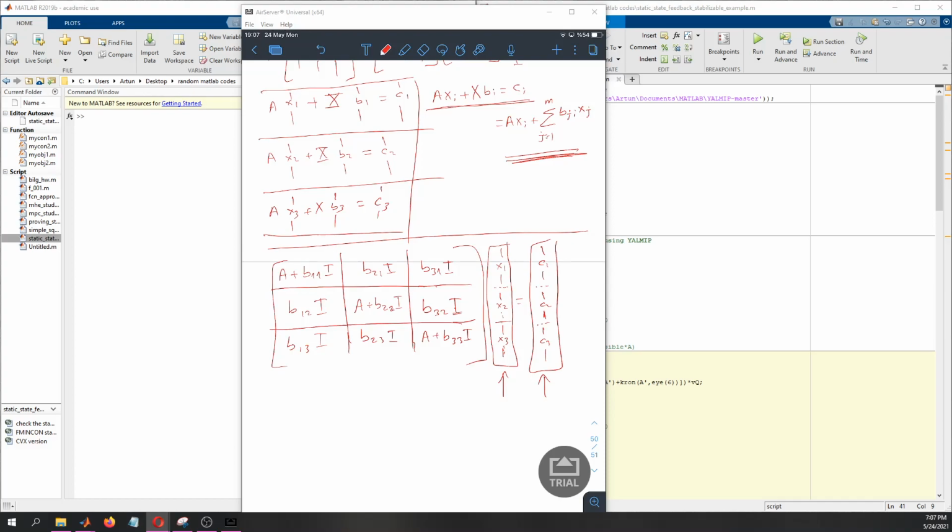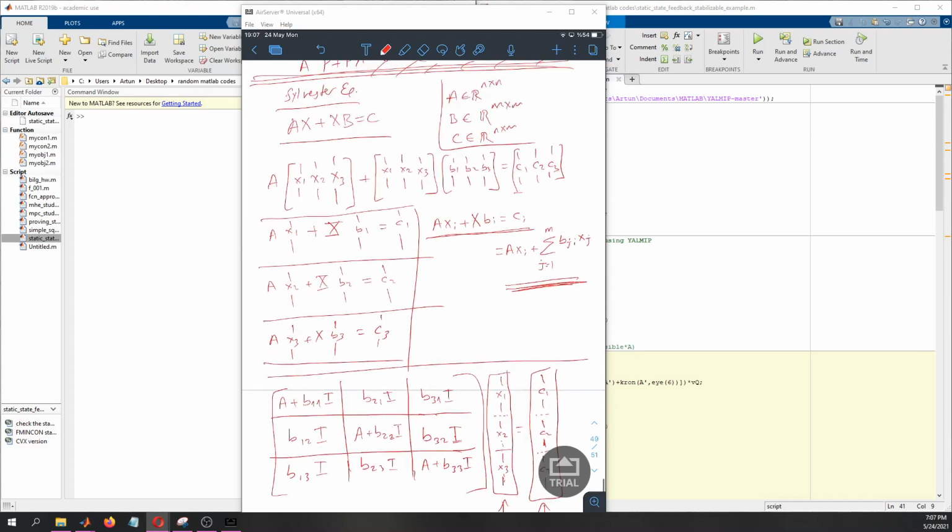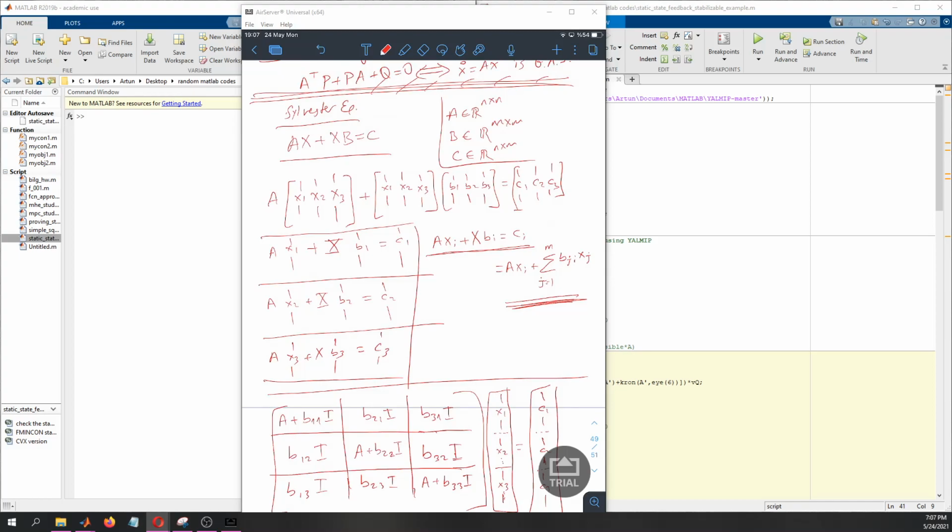Why do we know C? Let me remind you that we are going to use C as the Q in the Lyapunov matrix equation.